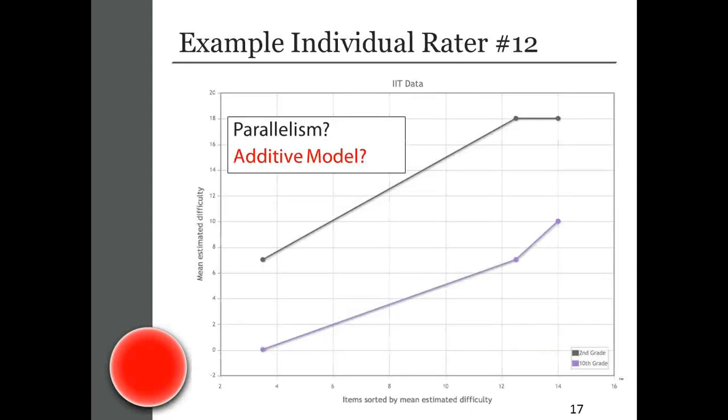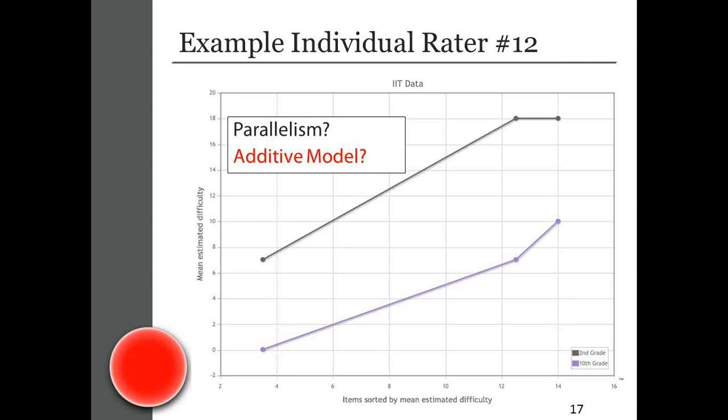So here's rater number 12. You can see their rating of estimated difficulty. For those of you that didn't participate, the individuals rated the difficulty of an item they saw. The data points on the left of this chart are the easiest item, which was an addition item. The points on the very right of this chart are for an algebra item.